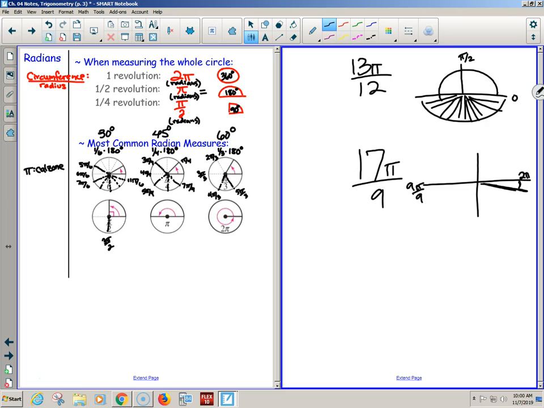So if I gave you 7 pi over 11. What quadrant? Quadrant 2. Where in quadrant 2? I know that's kind of awkward. I'm just meaning, is it higher in quadrant 2 or lower? Middle-ish? Why? Where would this be for 11?